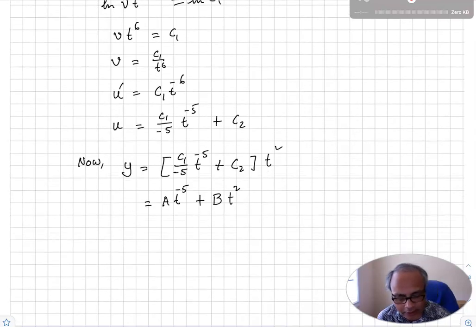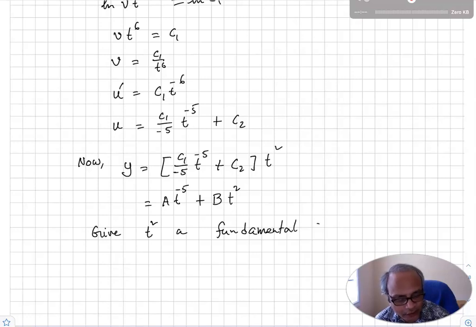so what it tells you is that, given t square as a fundamental solution, then we have found t to the power minus 5 as another fundamental solution.